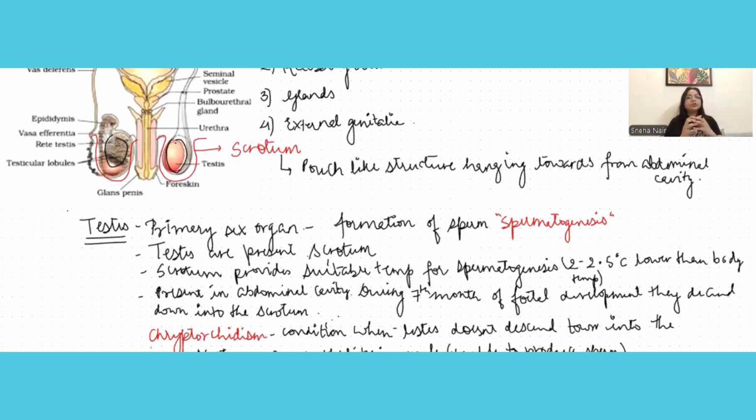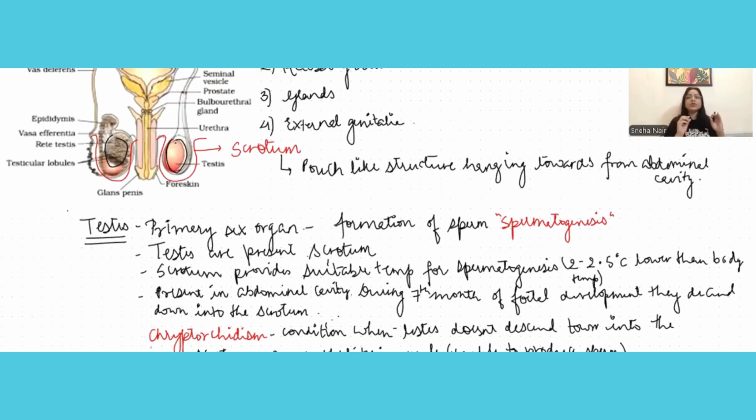The spermatogonia undergo growth and form primary spermatocyte. The primary spermatocyte undergoes meiosis and forms secondary spermatocyte, which forms spermatids, which mature and form spermatozoa. All this we'll discuss in detail in the topic spermatogenesis.